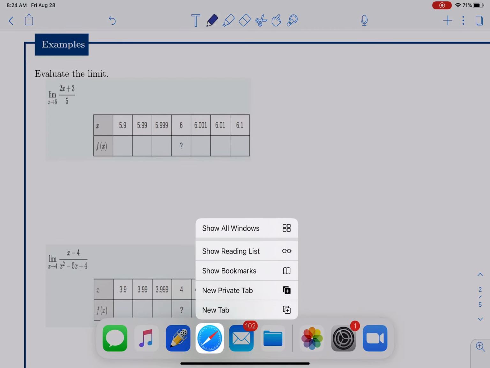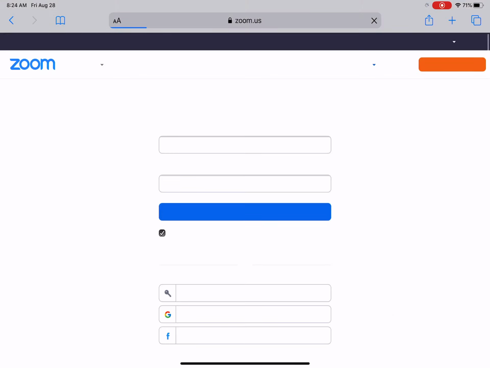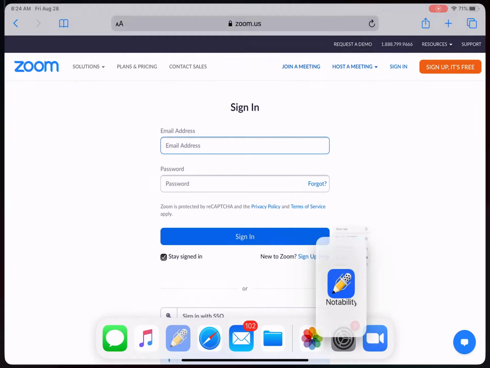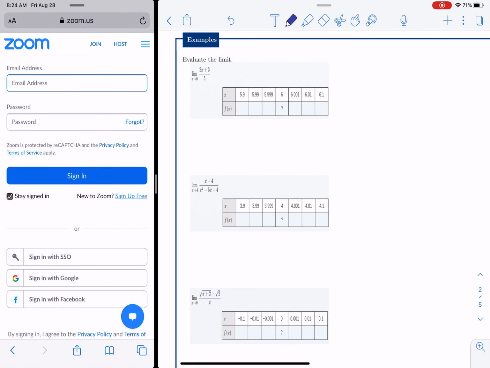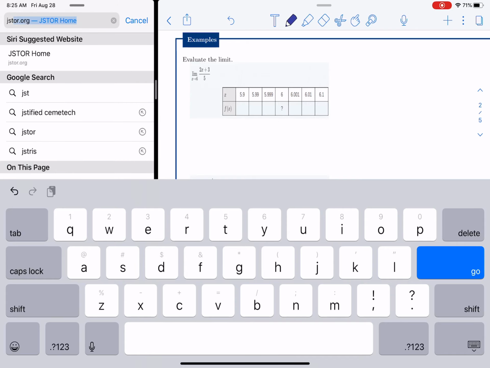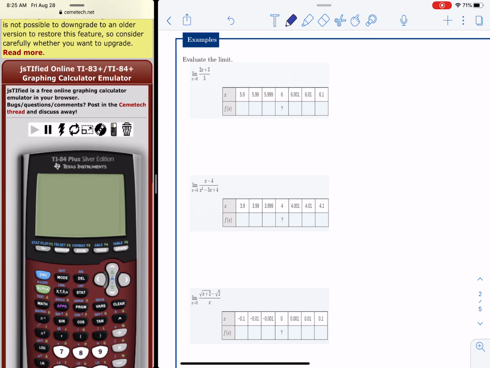So this is a tabular method. Anytime you have a tabular method, we need to have a calculator. So I'm going to use my calculator here.